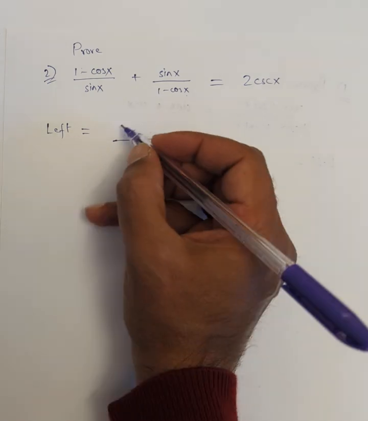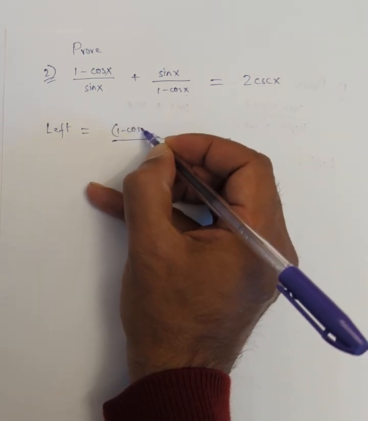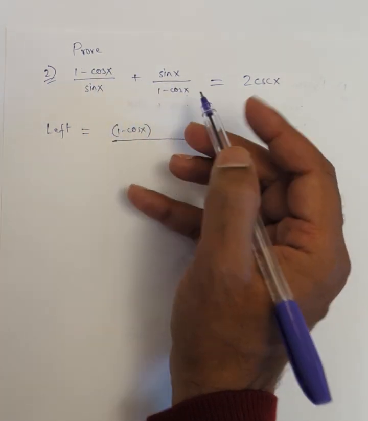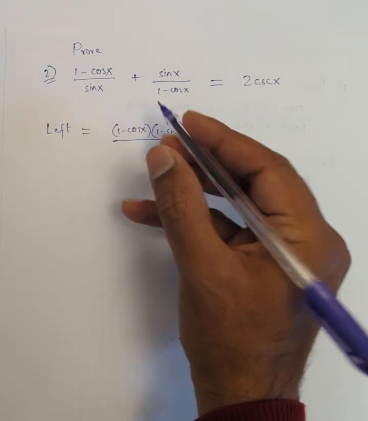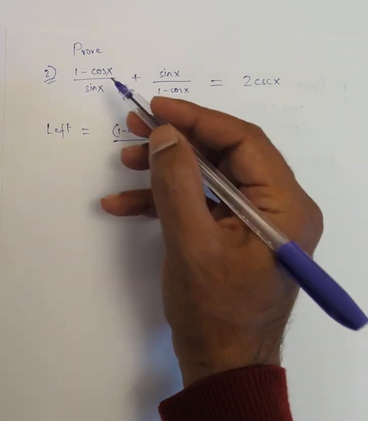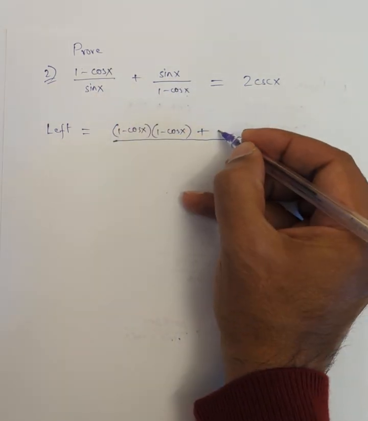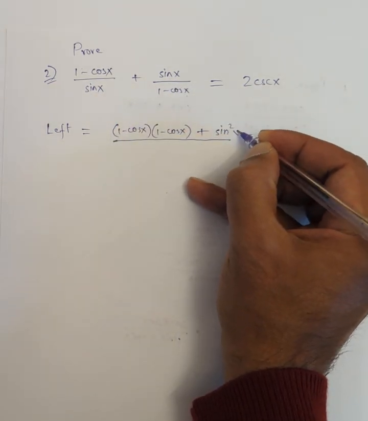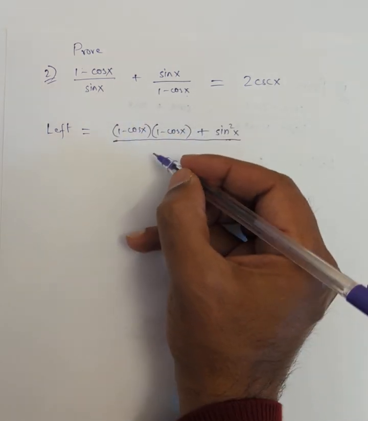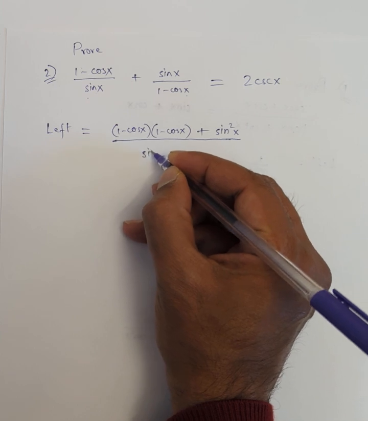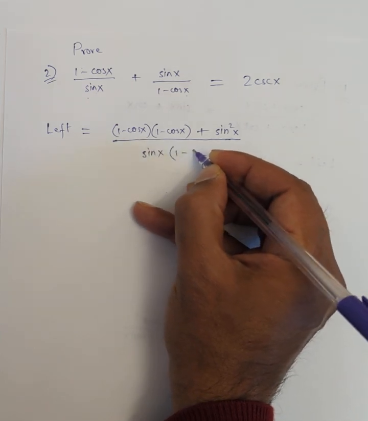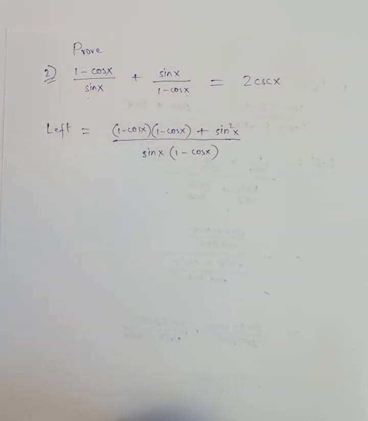I need to multiply 1 minus cos x from here with 1 minus cos x over there. And then there is a plus sin x times sin x. So that's going to be sin square x. And then the denominator is the product of the denominators. So that's going to be sin x times 1 minus cos x.